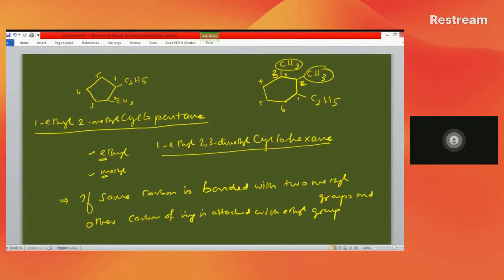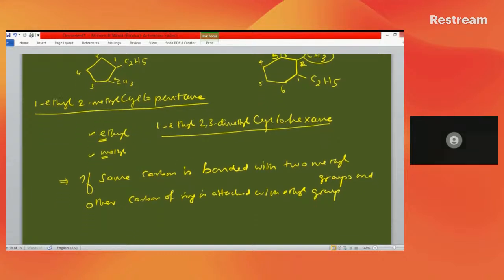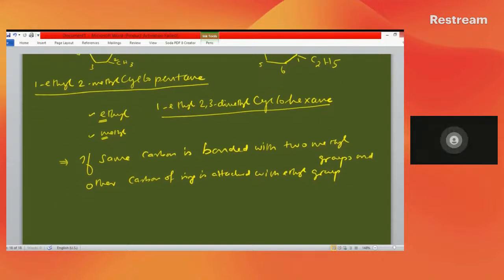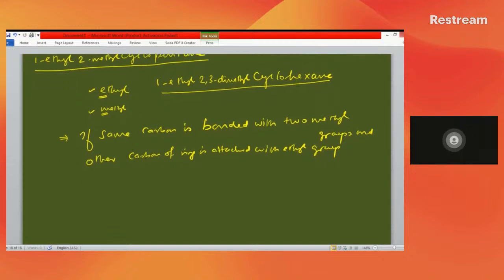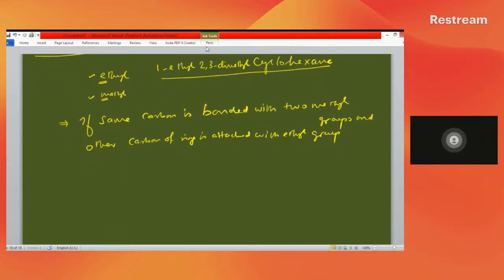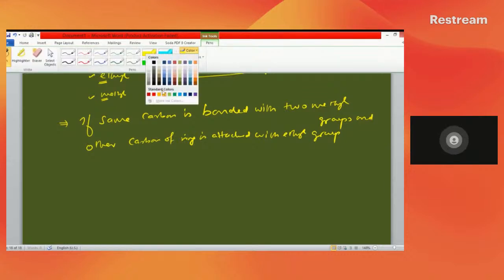Just see the difference. We take an example, the following cyclic compound, in which it slightly differs.